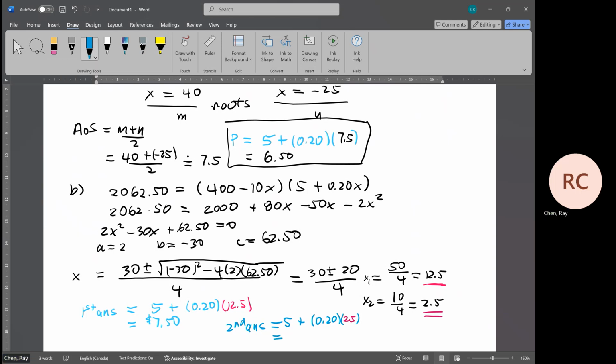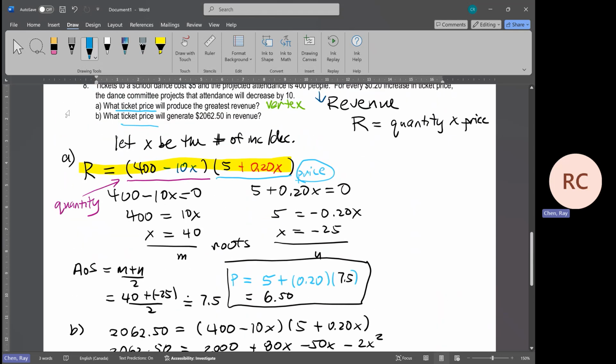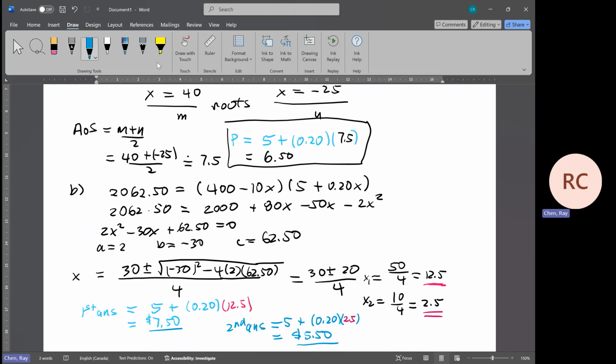We get 50 cents plus 5, $5.50. So folks, those are our two answers that will yield a revenue of $22,062.50. Let's just check to make sure I was correct.